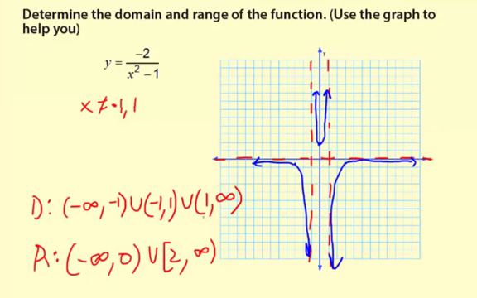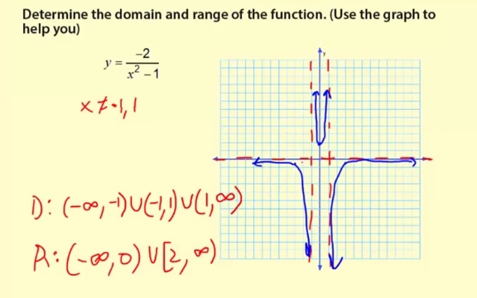Okay, so let me review the process again. Looking at the domain, I found any vertical asymptotes because those x values or inputs are undefined, and that showed me that there were three subsets of real numbers, and we did the union of those three subsets to make the entire domain of the function. And then for the range, found this little gap here, y values that aren't defined for the function.